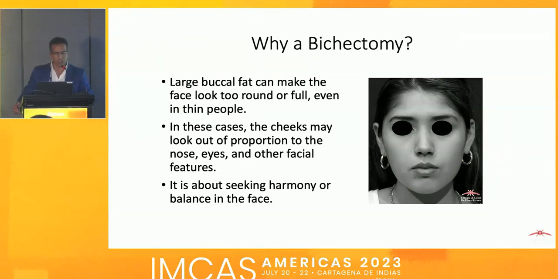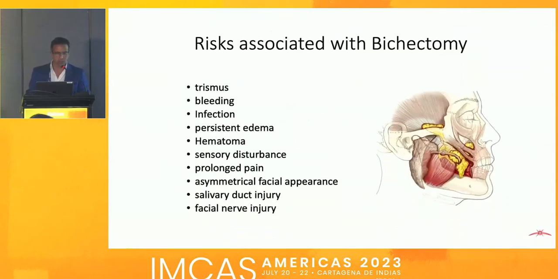Large buccal fat can make the face look round, as I told you. In this case, the cheeks may look out of proportion. When you talk about harmony, harmonious faces need to have this proportion too, not only putting the focus on the eyes, the chin, the nose, but also on the middle part of the face.